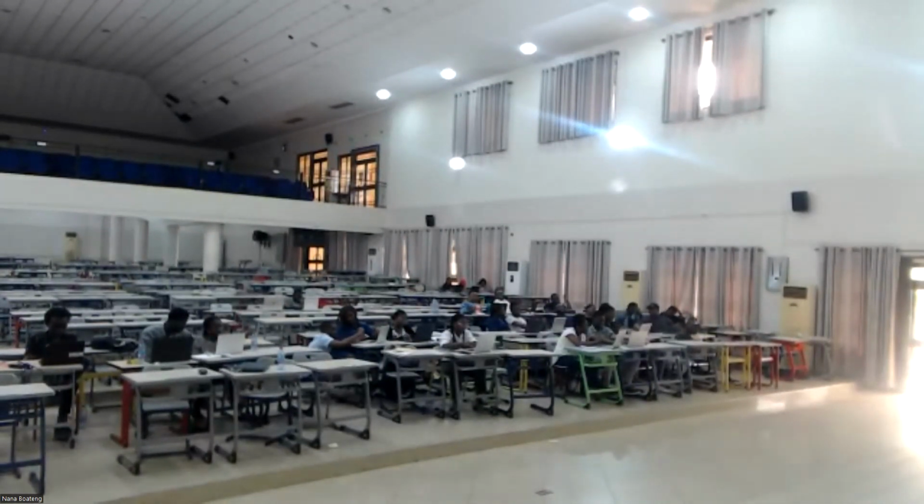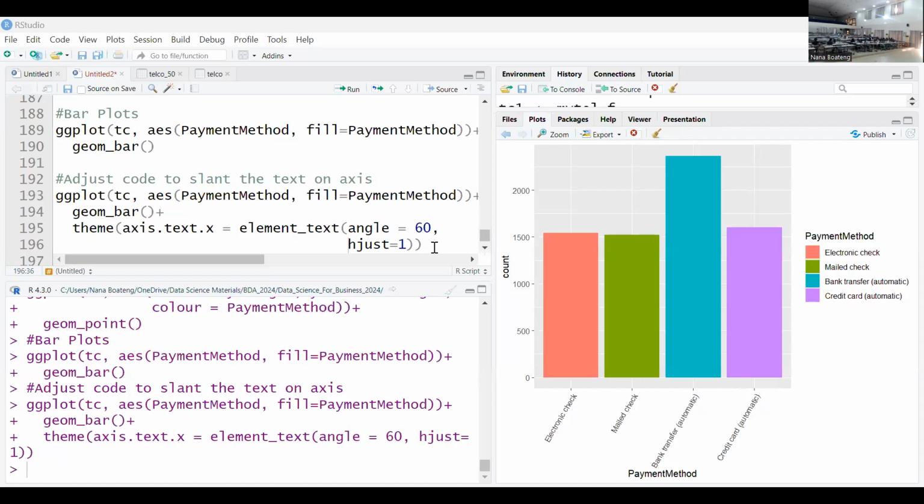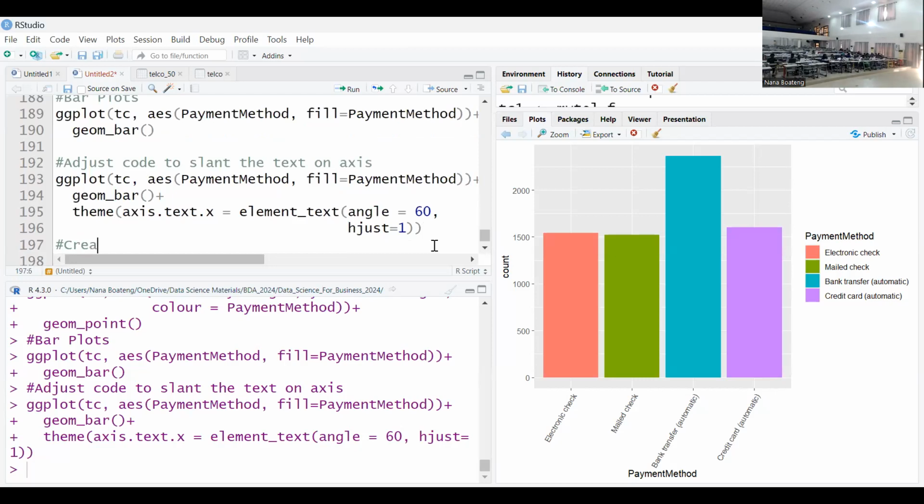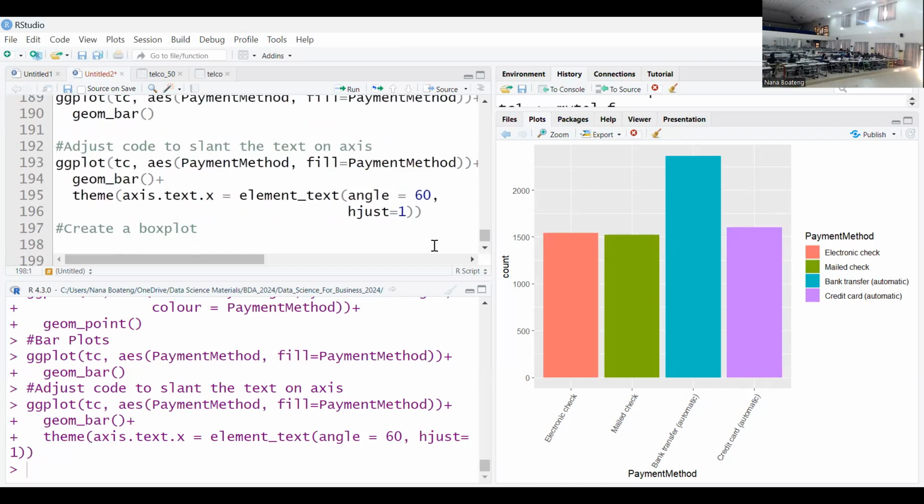So let's do a box plot. So sometimes you have different categorical data and you want to compare them.